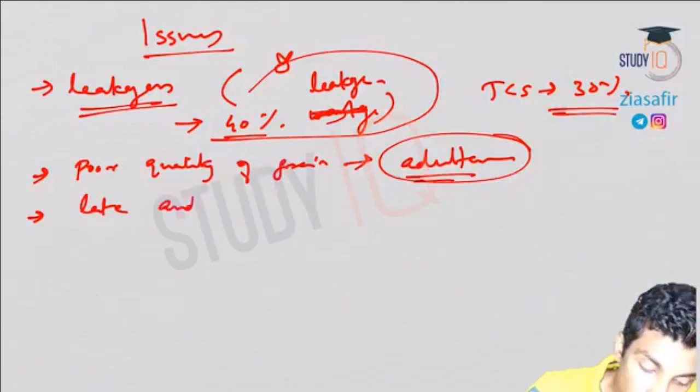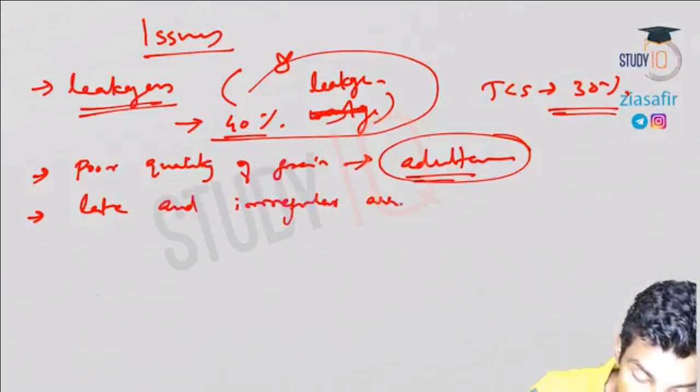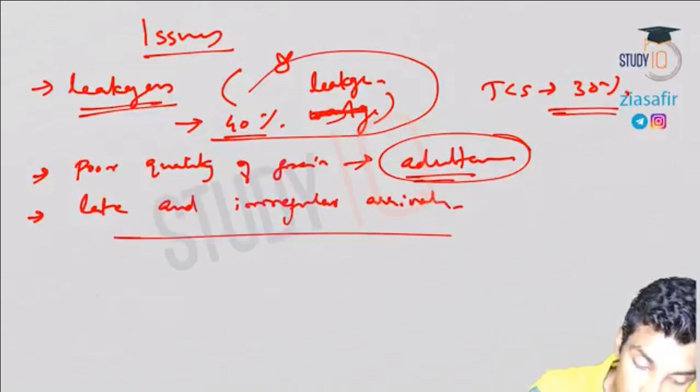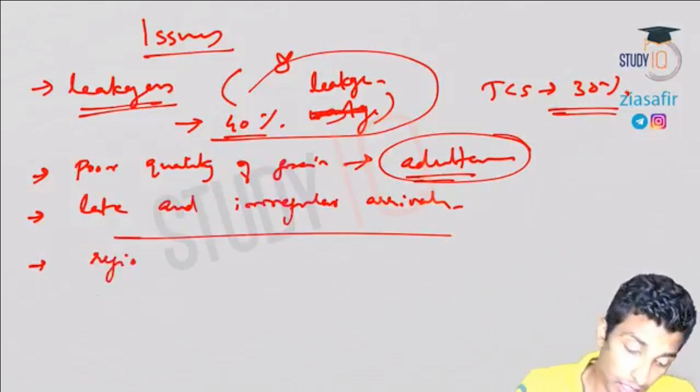Late and irregular arrivals of grains, regional disparities in distribution.